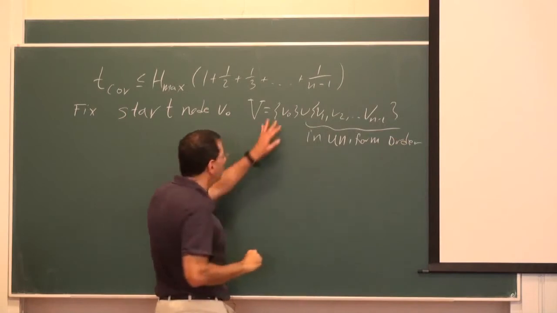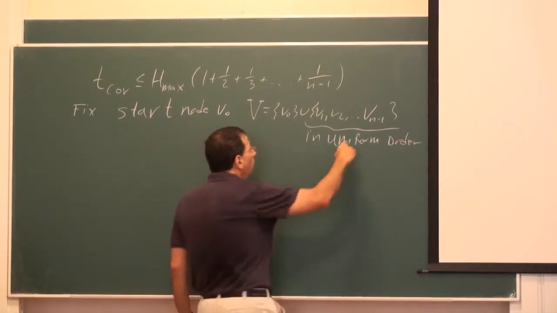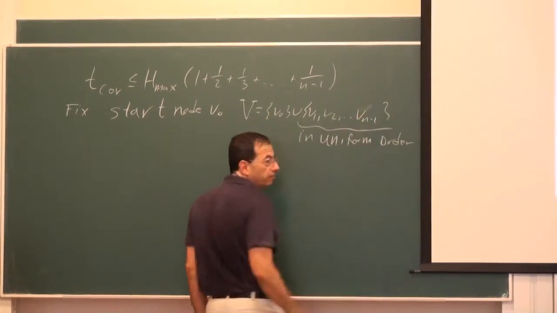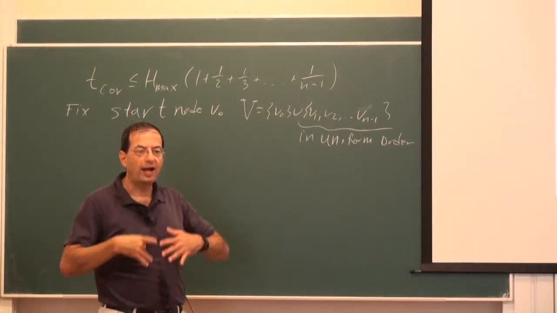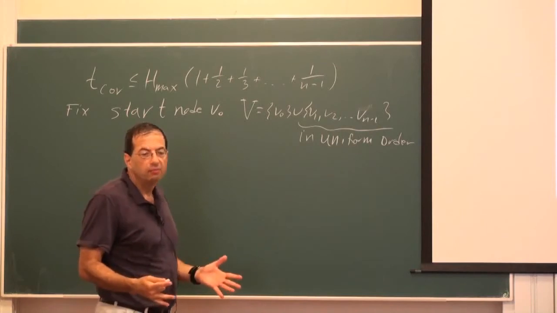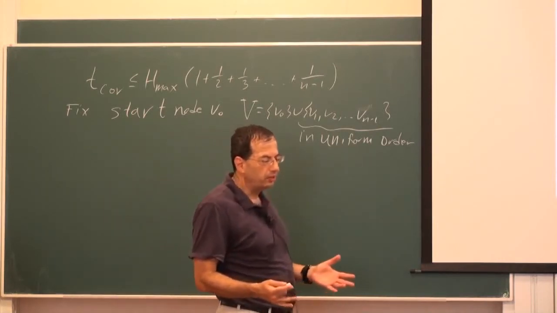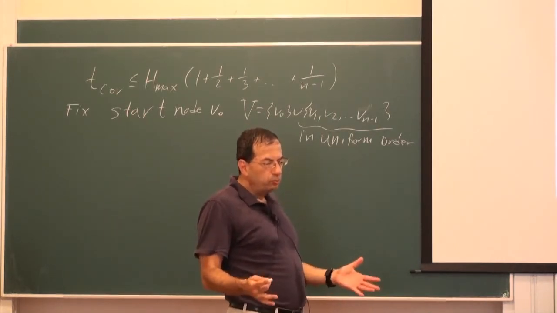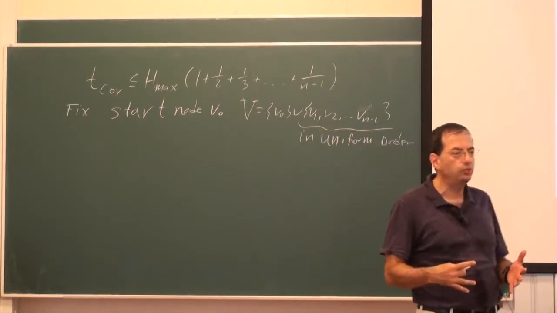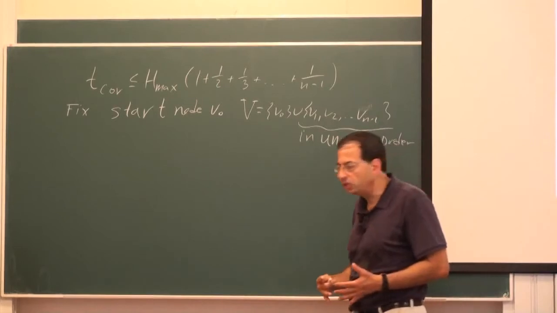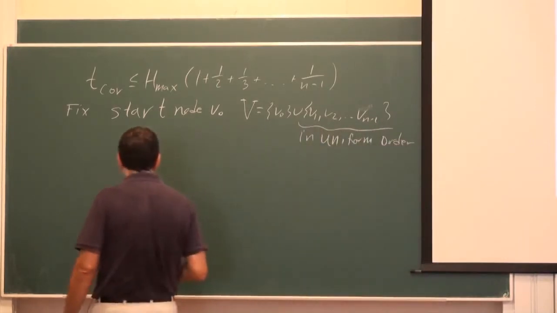So I fixed the starting node V0, but then all the other n minus 1 vertices I put in a random order, a random permutation. And this is I think the beauty of Matthews's argument. We have a random process, the random walk on the graph. He introduces an additional randomization, which, as we'll see, will aid in the calculation. Okay, so you take these vertices and order them.